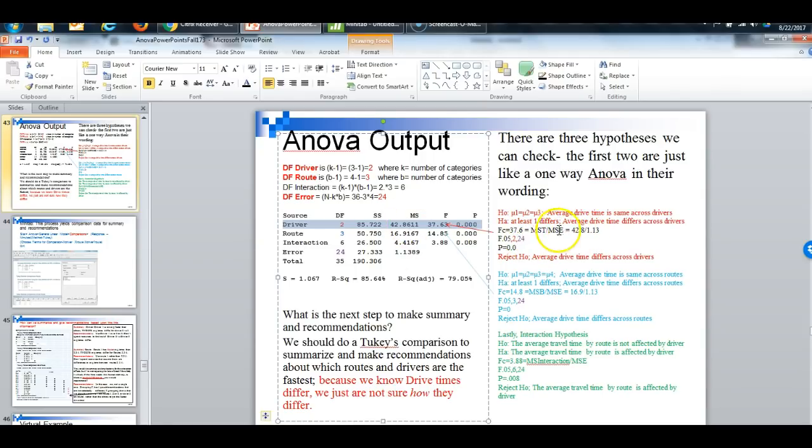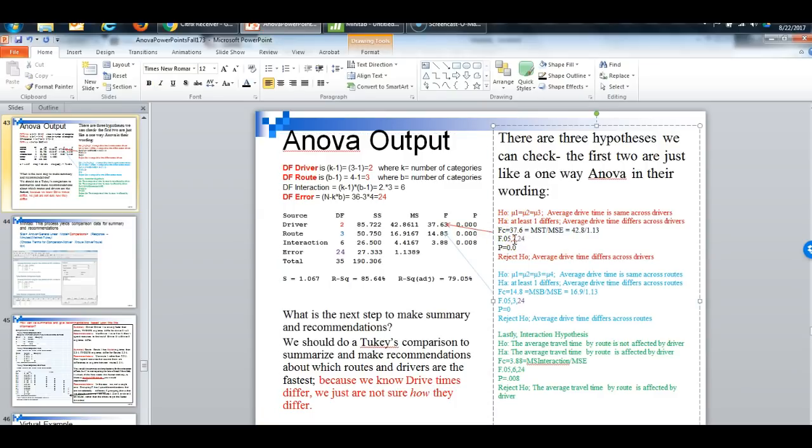Remember how I said that it's one divided by the other? It would be mean square driver divided by mean square error. 42 divided by 1.13. Right. So this is a 37.